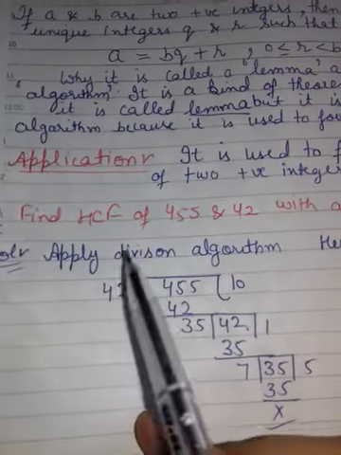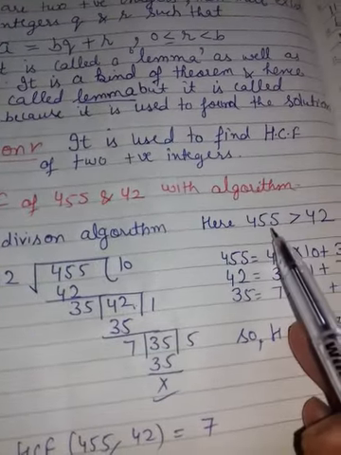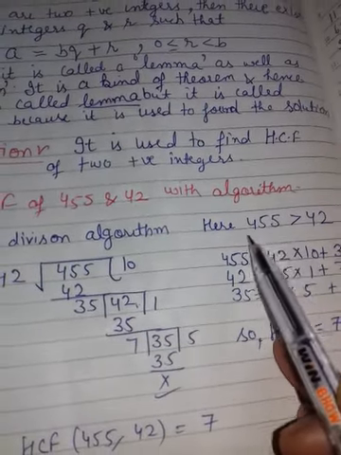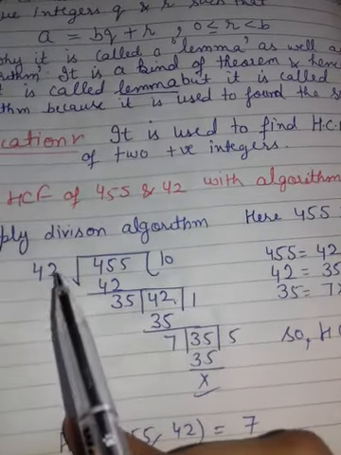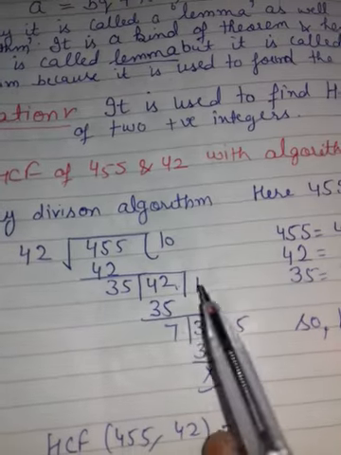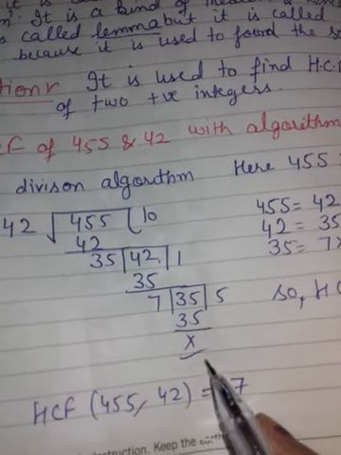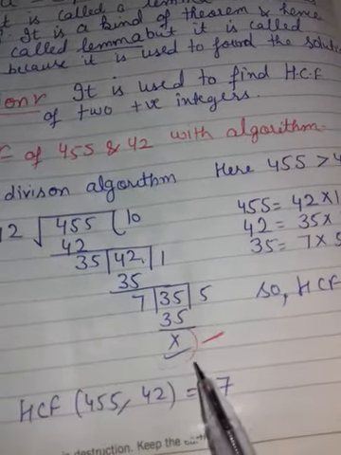Yes, apply the division algorithm. You will see which number is bigger. Of course 455. You will keep the bigger one inside and that one outside. You will divide it. After dividing, you will see what remainder you are getting. Up to that you will divide it, until the remainder is 0.